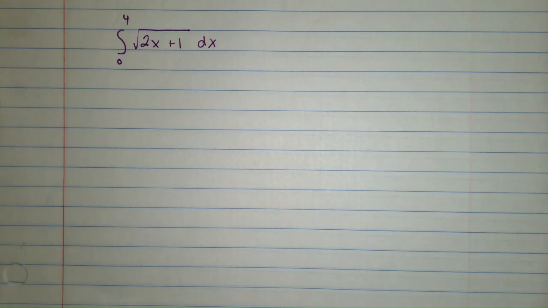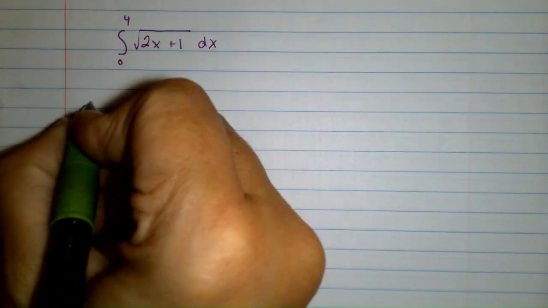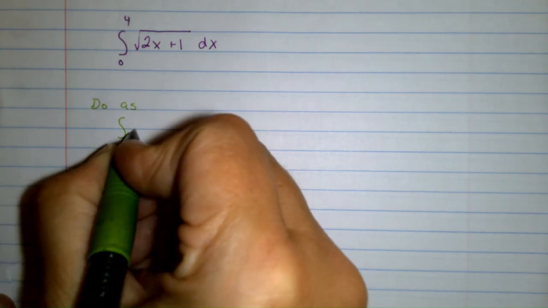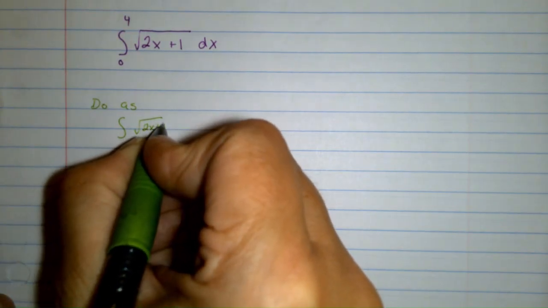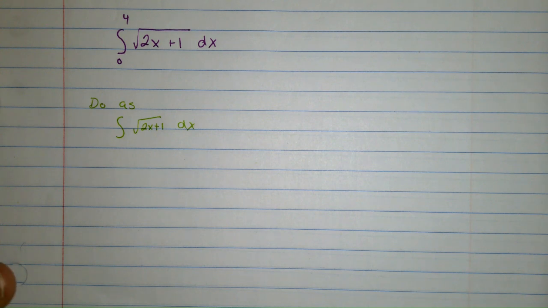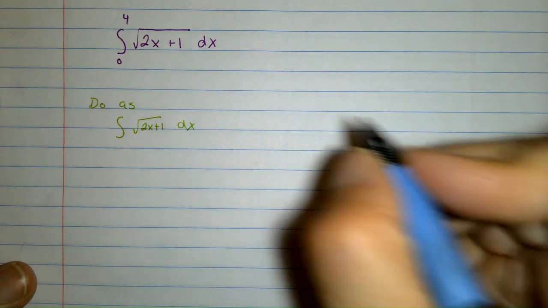We could do it indefinite and then later put in the bounds, or we can adjust our bounds. We're either going to have to do it as indefinite or we're going to have to adjust our bounds. Okay, so the best way I think to do it is to actually just adjust your bounds.